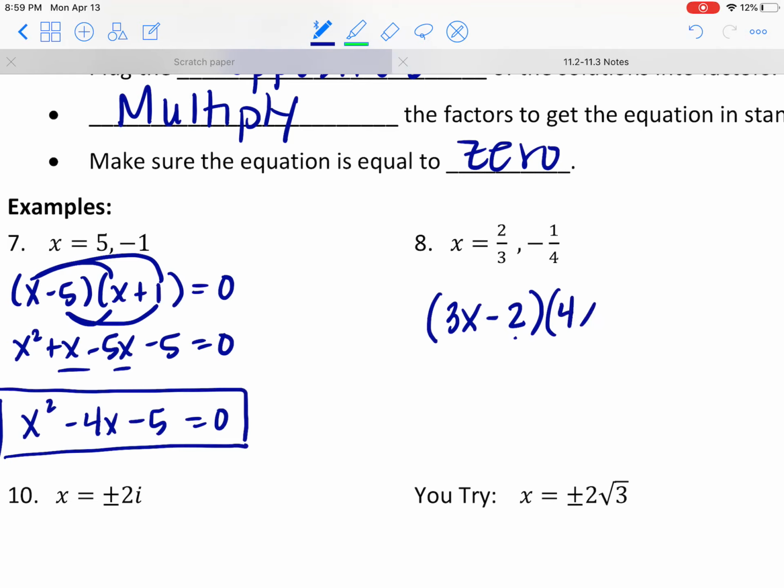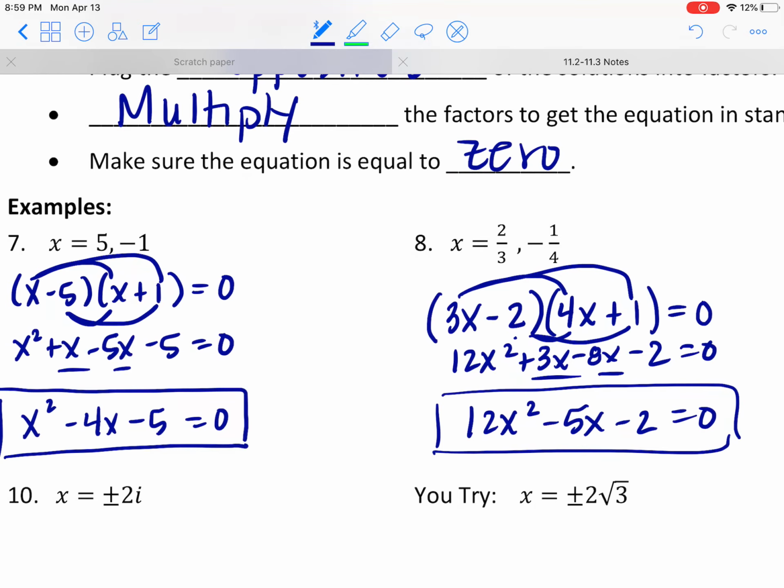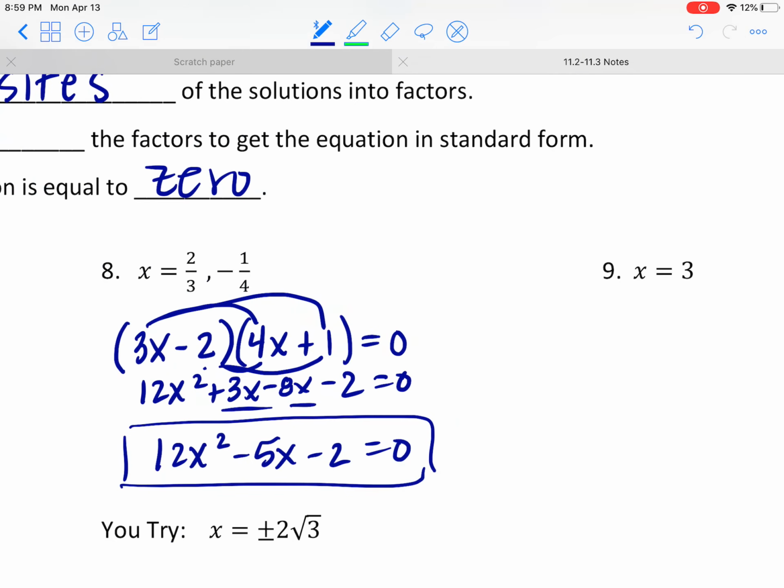And then here, if negative 1/4 is an answer, so divide by 4 here means 4 has to go in front of the x, and then instead of a -1, +1. And now we just have to multiply this out. So that's going to be a 12x squared, a 3x, a negative 8x, and then a -2, and then combine like terms. So 12x squared, 3 and -8 makes it -5x, equals 2, and there it is.